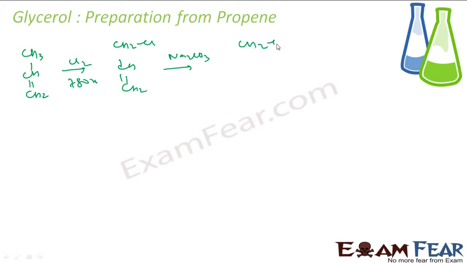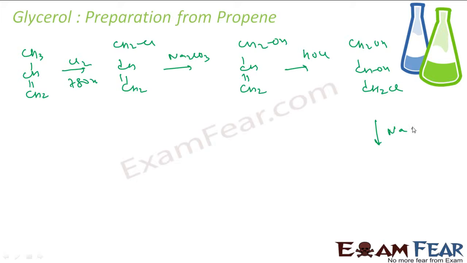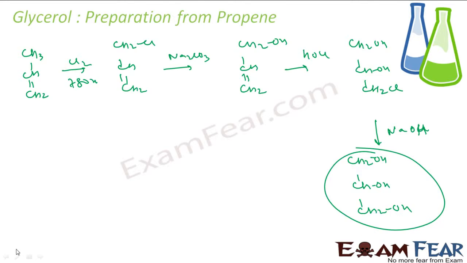So this becomes CH2OH, CH double bond CH2. On this you add HOCl. You get CH2OH, CHOH and CH2Cl actually, yeah. And on this you can add NaOH to replace this chlorine with OH. So what you get is CH2OH, CHOH and CH2OH. And this is my glycerol.